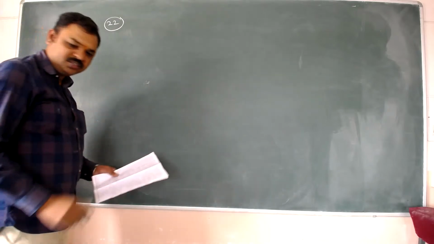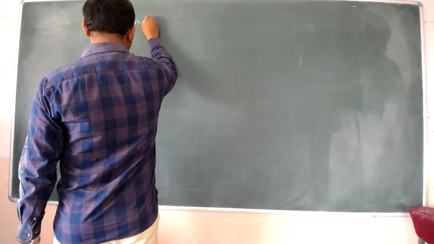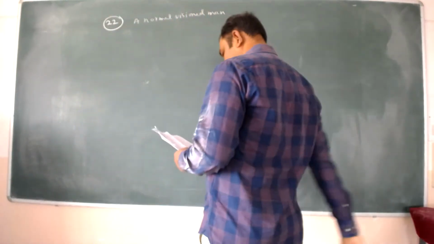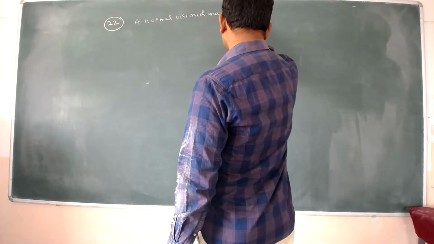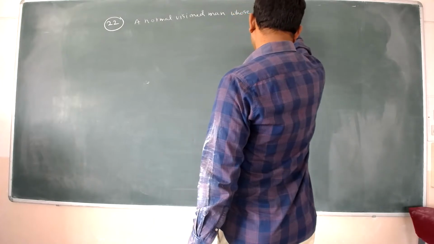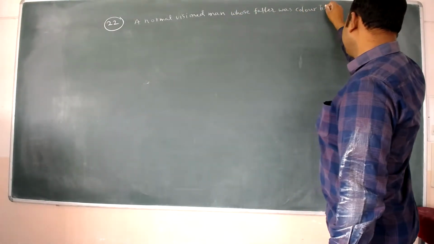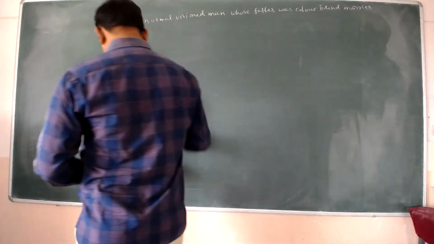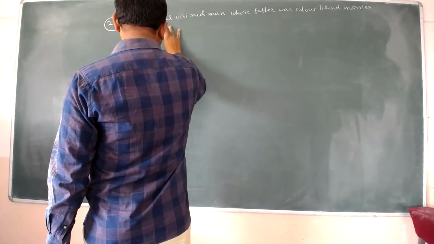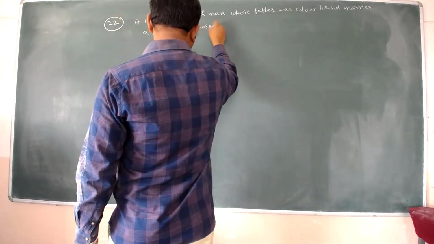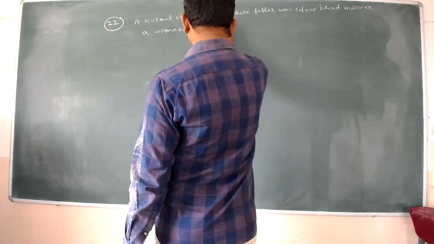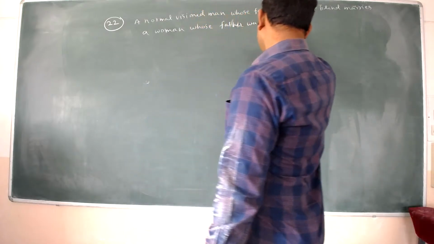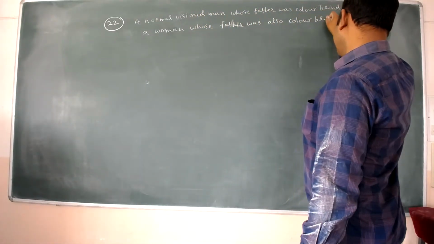I am writing this question. A normal vision man, whose father was colorblind, marries a woman whose father was also colorblind.